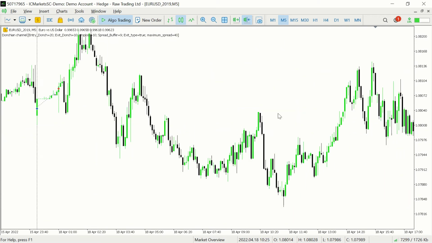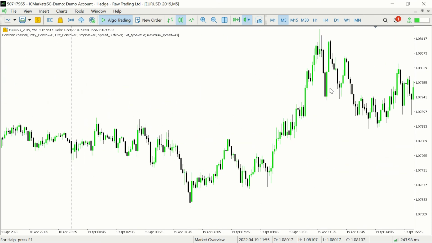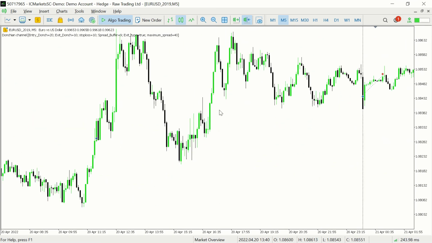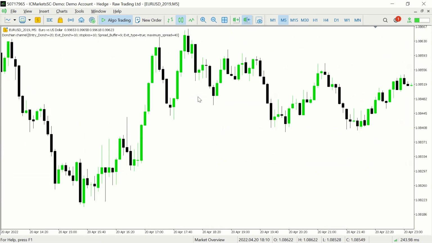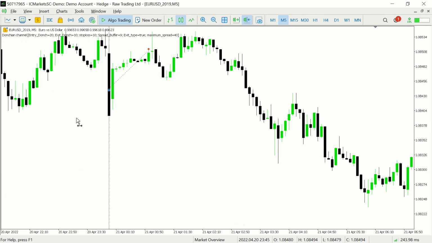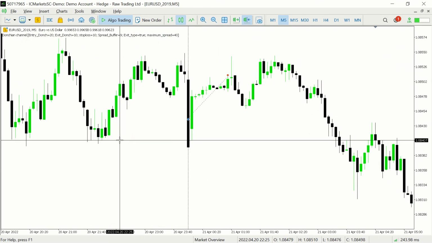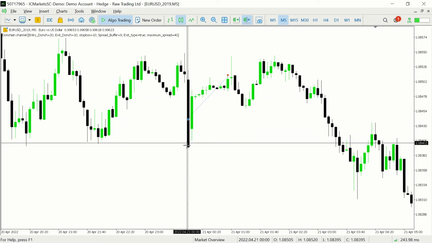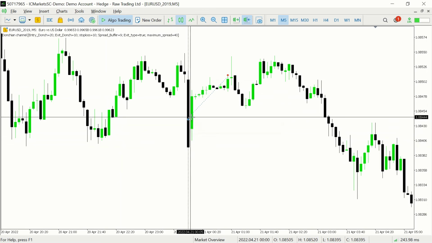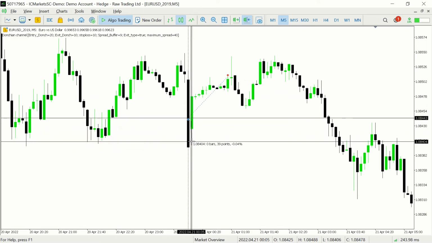Let me just show you the other example so that you can see their similarities. So in this case here, these are the previous lows. Price went below the previous lows. So the buy trade is all the way here because of spread.